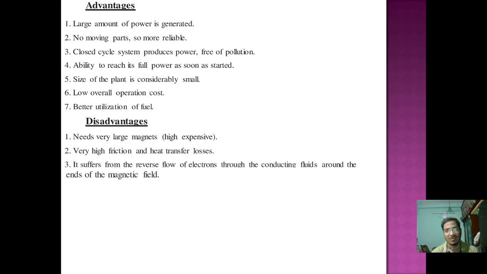Heat transfer losses: here the losses of heat transfer may occur if it suffers from the reverse flow of electrons through the conducting fluid around the ends of the magnetic field. Sometimes the hot gas and cold gas may flow in reverse, and that will affect the magnetic field.